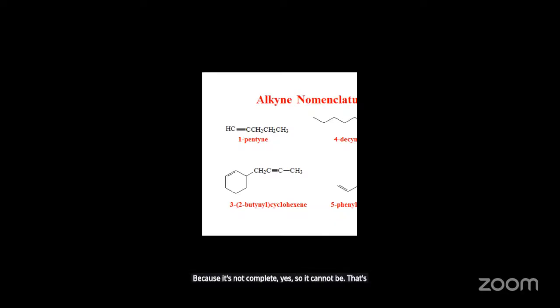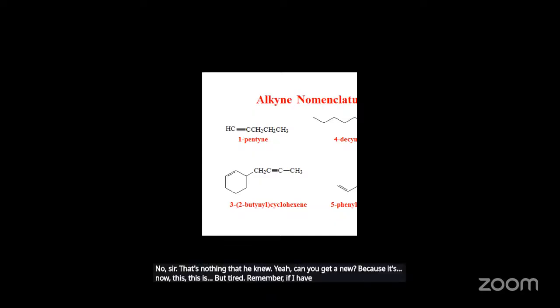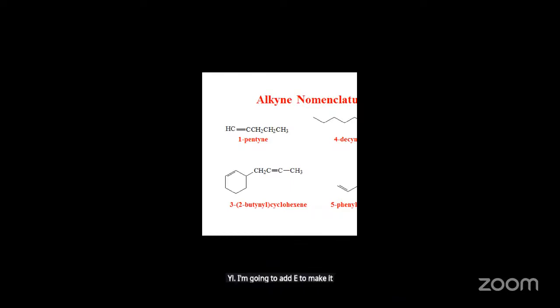Any other question? Can we reorient it to be like but-2-enyl? No, sir. There's nothing like that. Where can we get it? Because now this is butyl. Remember, if I remove that YL, I'm going to add E to make it butane, right? Yes, ma'am.